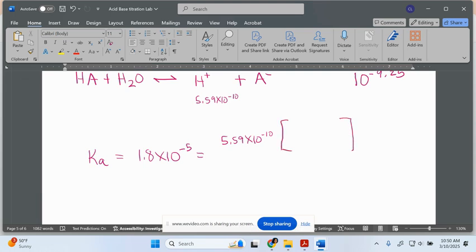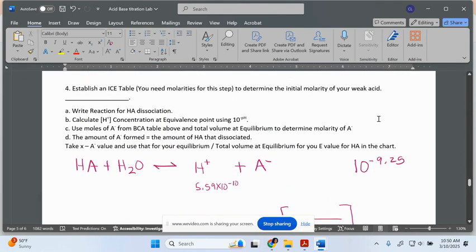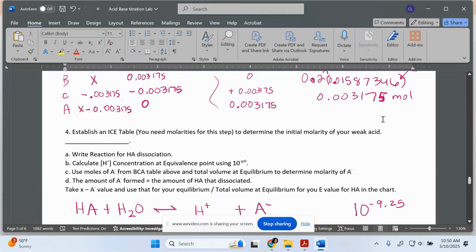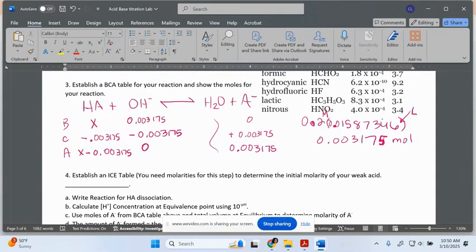And I'm doing big brackets here because I've got to get a volume and moles on top here. So I've got to have a lot of room. So I'm going to take that value that came down from here. This value then is my A minus. That's my moles of A minus that I have available.